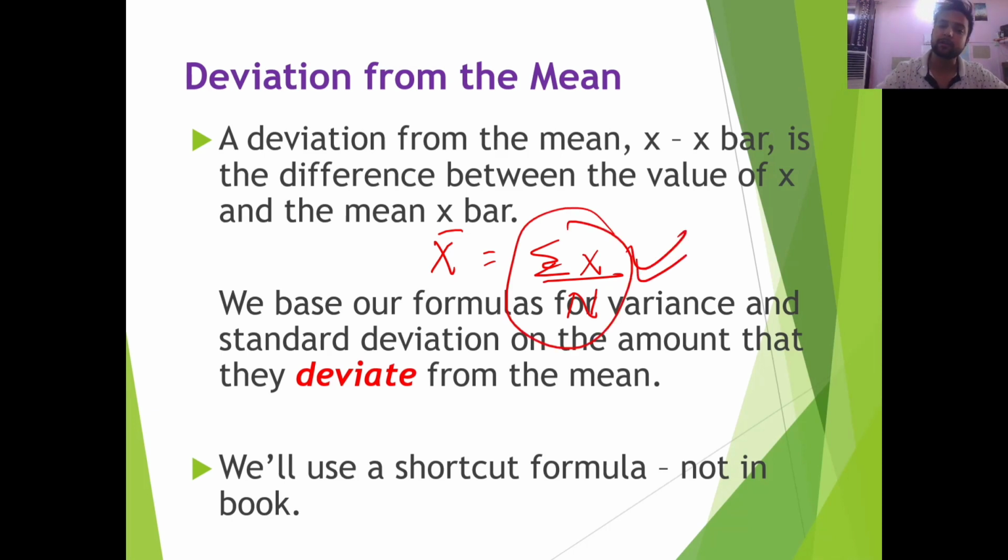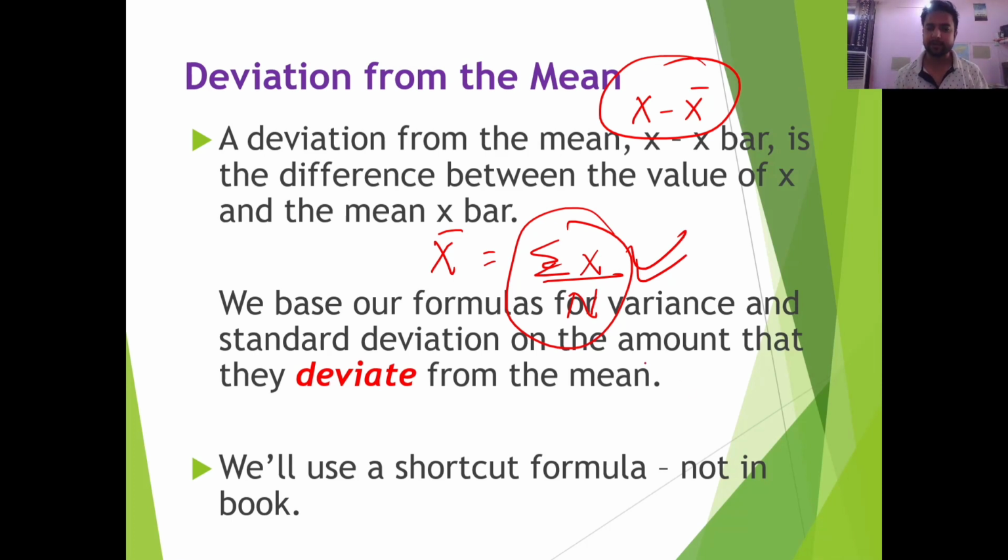And deviation is nothing but x minus x bar. Deviation simply means how far the value is from the mean value. The more the distance between the mean value and the observation, the more will be the variation and variance. That is quite simple, and you can understand this quite well.